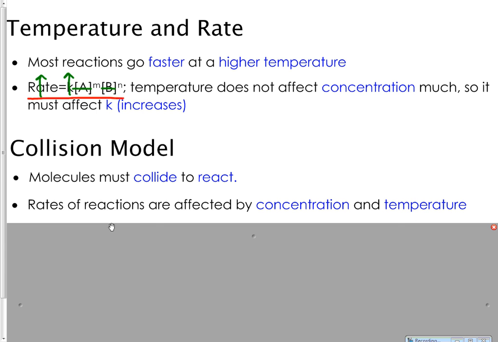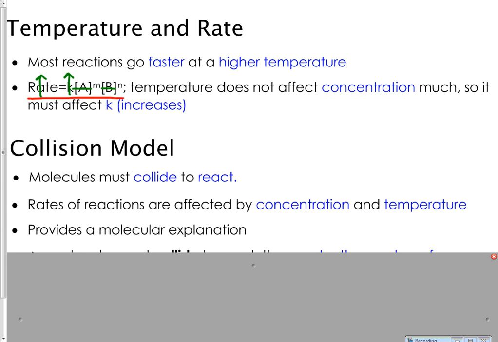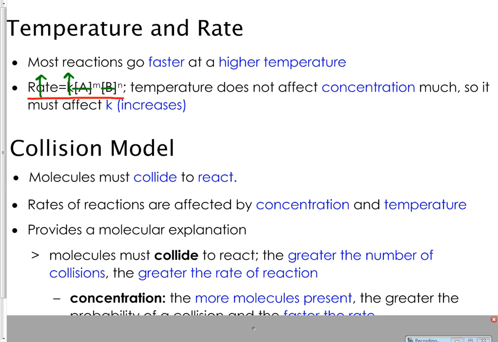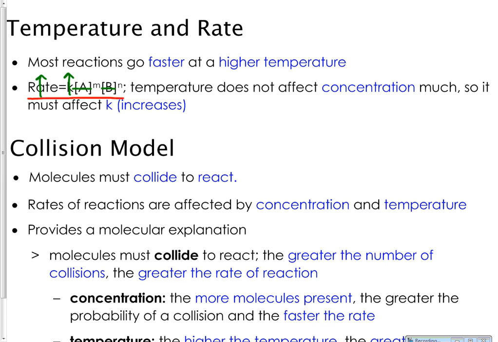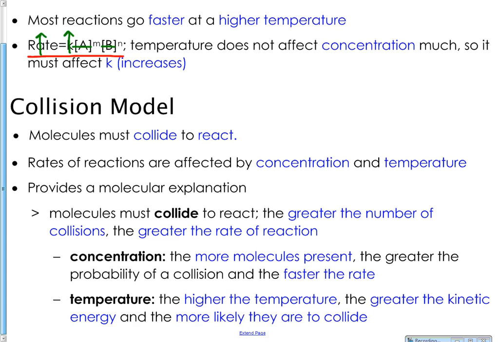So that's why concentration and temperature affect reaction, and here's your molecular explanation. Molecules collide to react. So the greater number of collisions, the greater the rate of reaction. Now we can cause more collisions by doing one of two things. We can either increase the concentration.